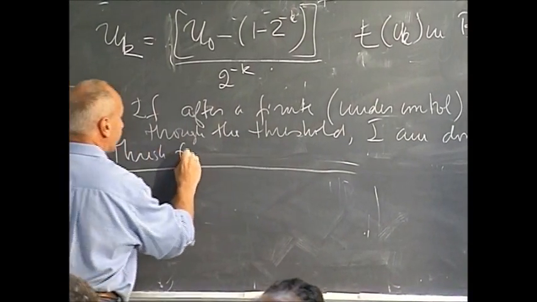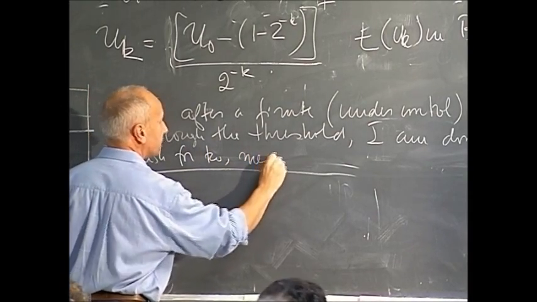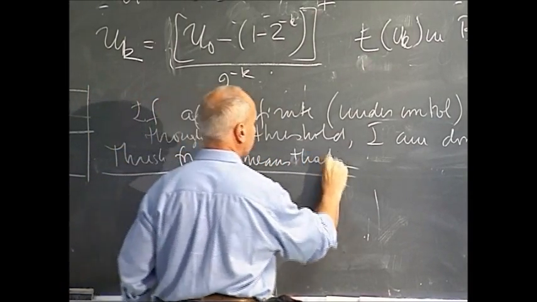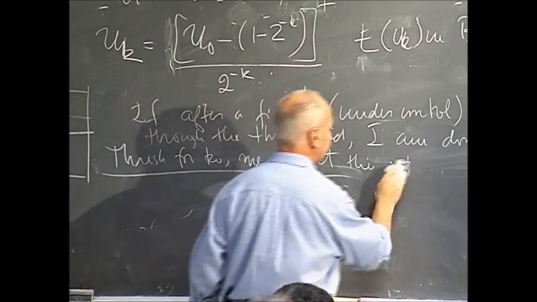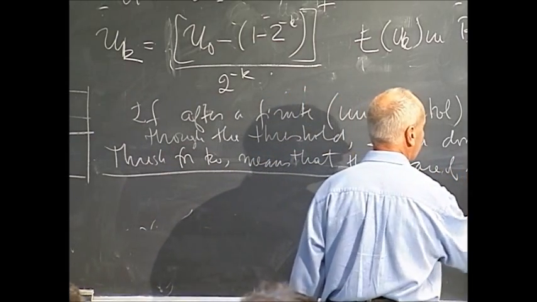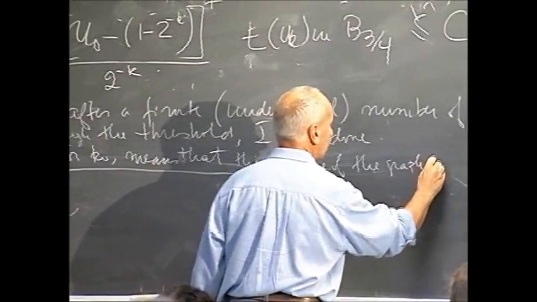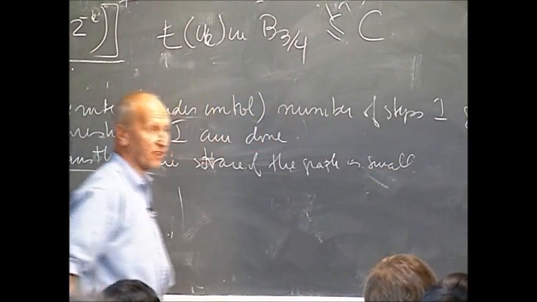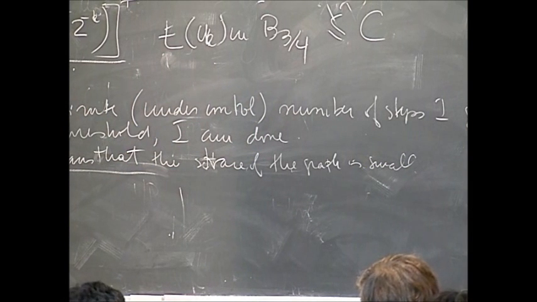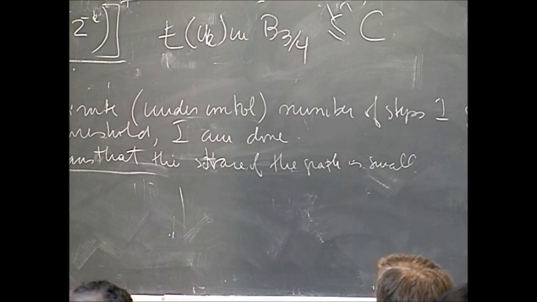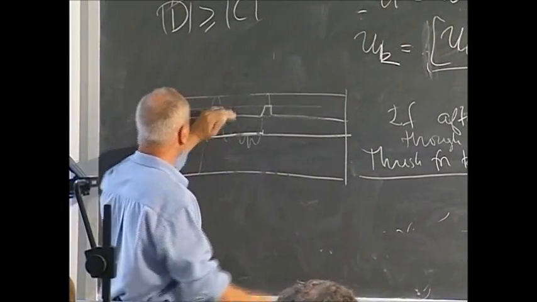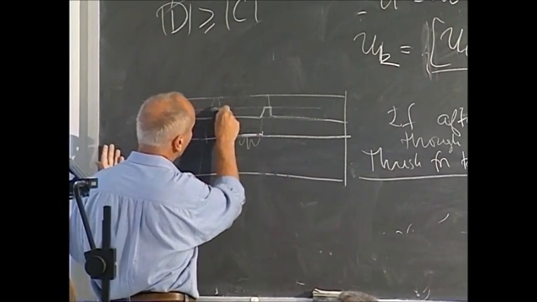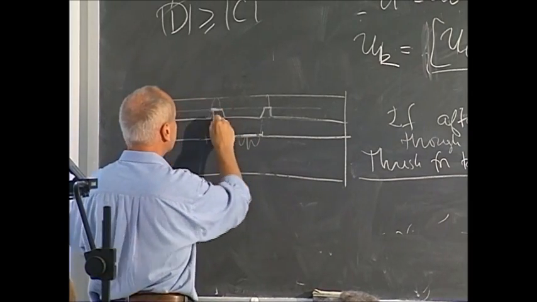Threshold for k0 means that the trace of the graph is small. But the trace of the graph in each step, I can use it as the C set for the previous cutoff, because in the previous step I have 0, 1/2 after renormalization, and something in between.